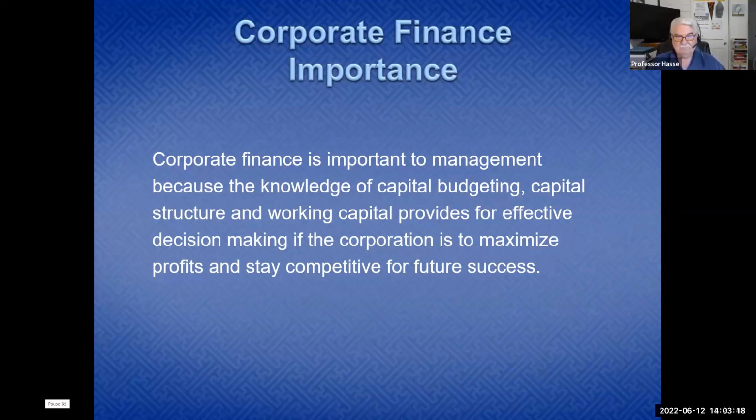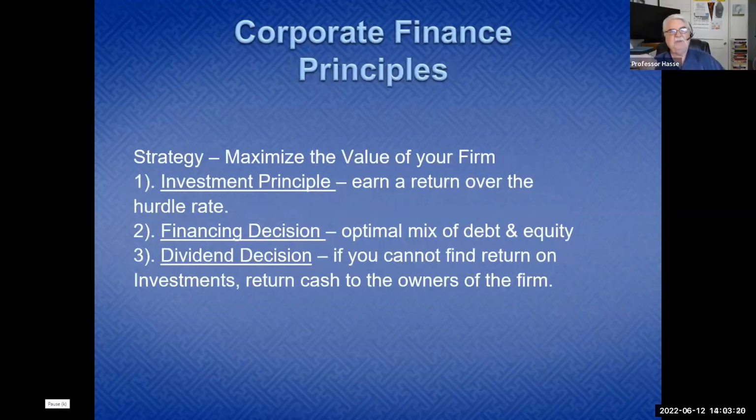That's finance. And there are 3 basic principles in finance. The investment principle means, very simply, you want to make more money than it costs you. You want to earn a return over the hurdle rate. What's the hurdle rate? It's the cost of your money. It's called capital cost.